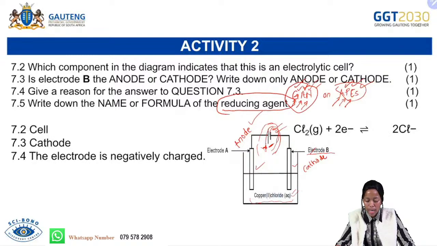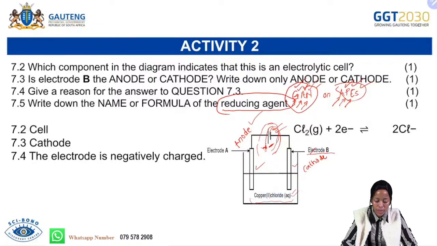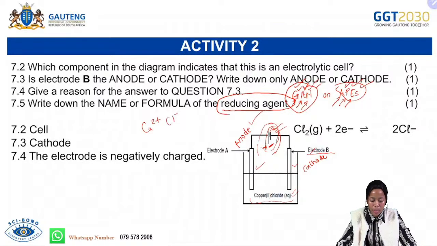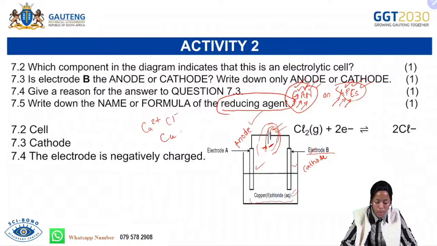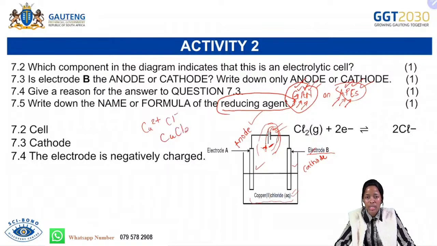We can see that when it comes to the electrolyte, we have copper 2 chloride. So it means this is Cu2+ and Cl-. We are given a compound which is combined in this way, CuCl2.